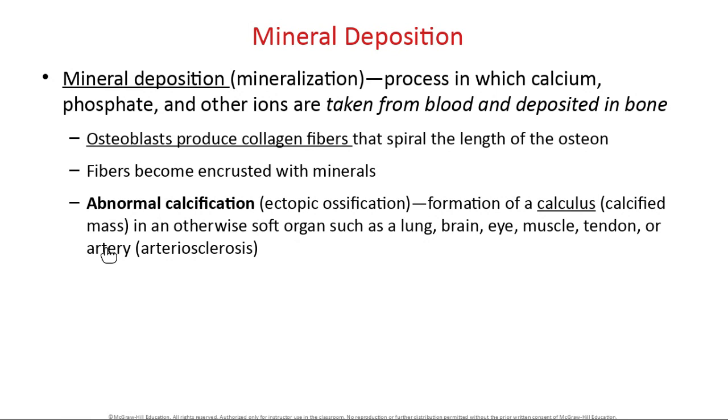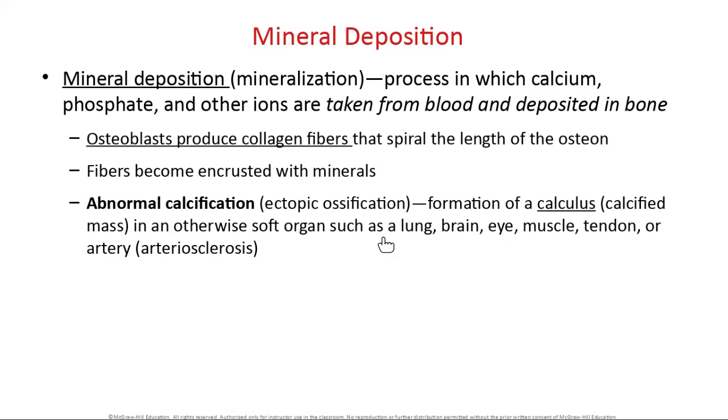These are just some examples, but really any other place where we have a soft tissue or soft organ, if we have calcification occur there, it's not normal. So that's referred to as ectopic ossification, or you could say ectopic calcification, which is an abnormal kind of calcification, because you don't want calcification occurring in these soft tissues.